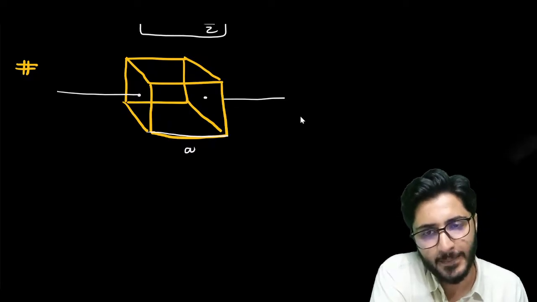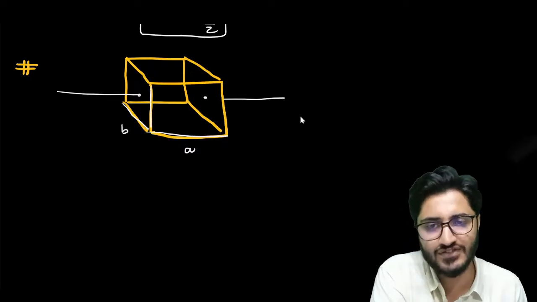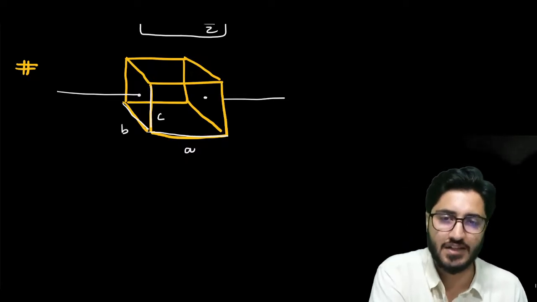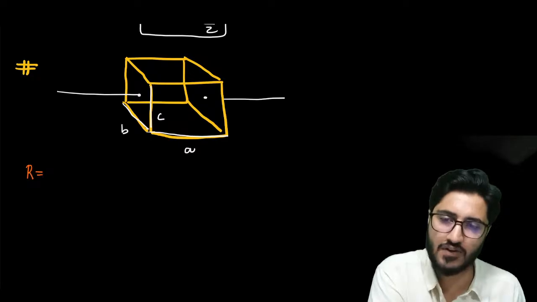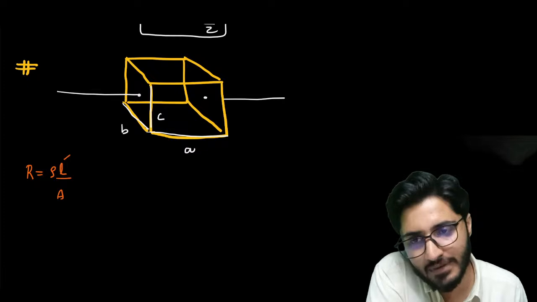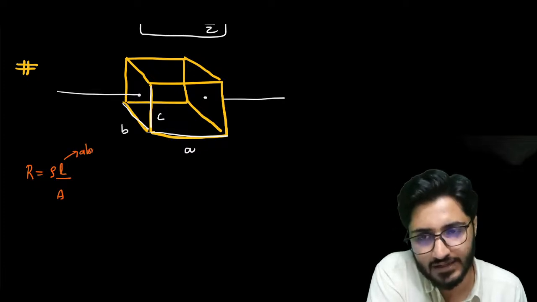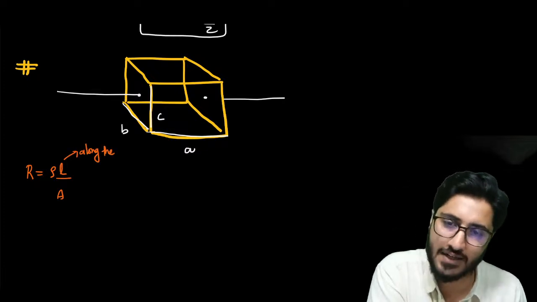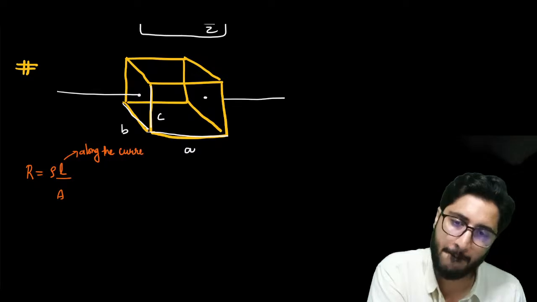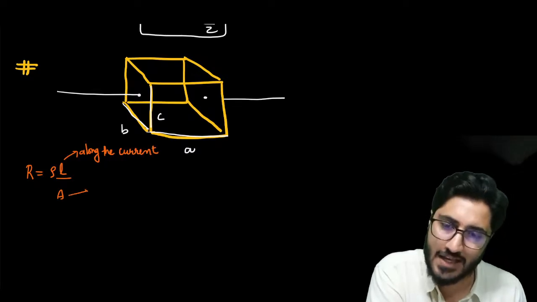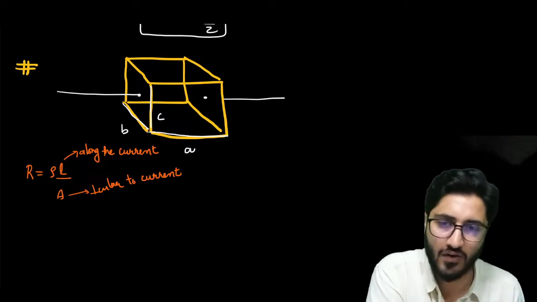This side is A, this side is B, and this one is C. So find the resistance. Sir, resistance is R equals rho L by A. But this L means along the current, and the area is perpendicular to current.